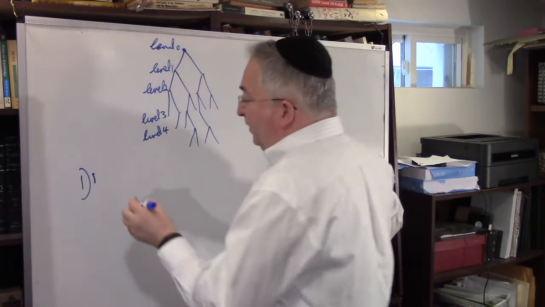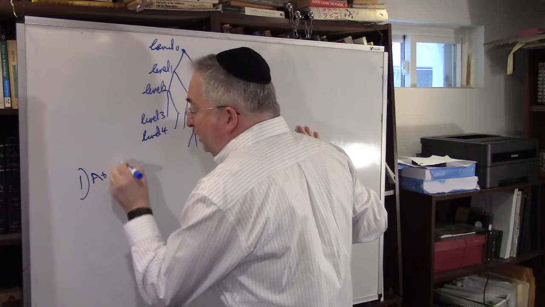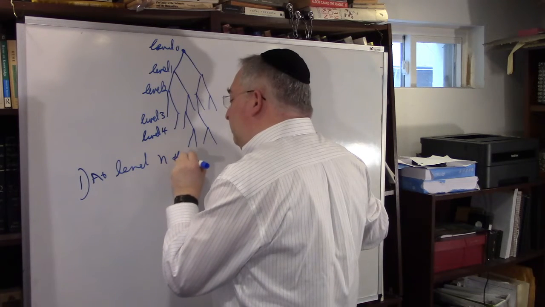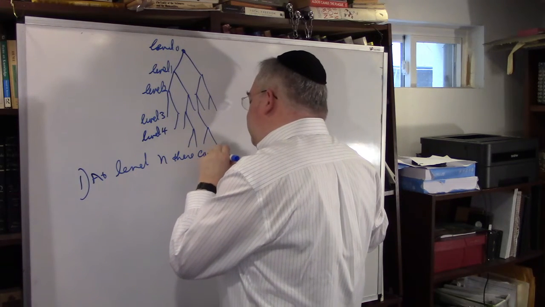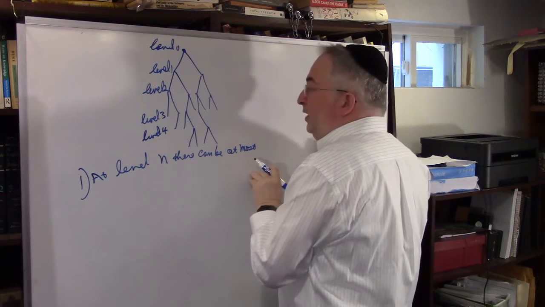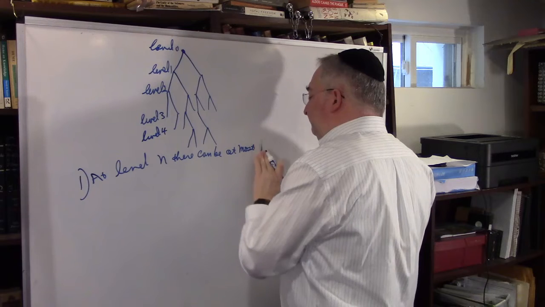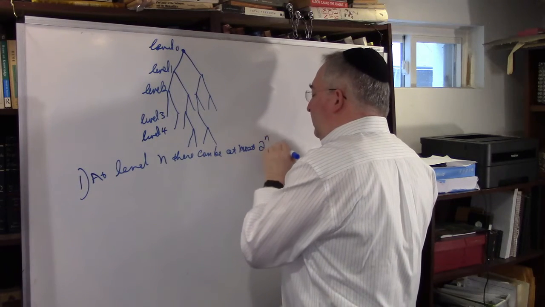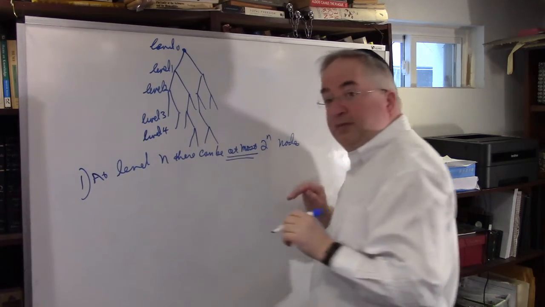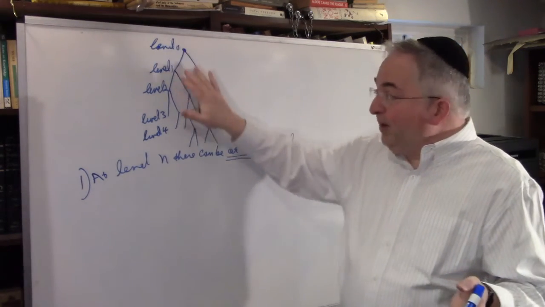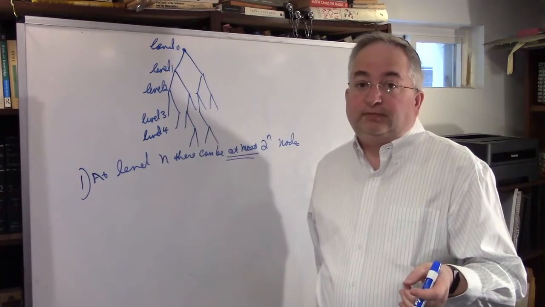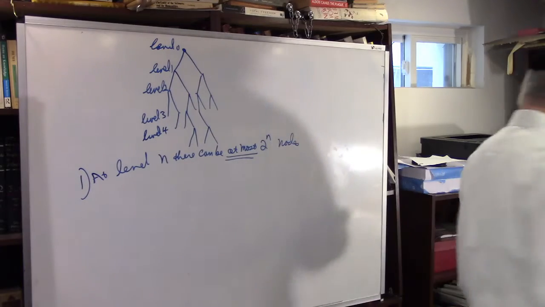There could be 8 here. At level n, there can be at most 2 to the n nodes. At most means if everybody has 2 children, then at level n there'll be 2 to the n nodes. Okay? Great. Let's do the next point.